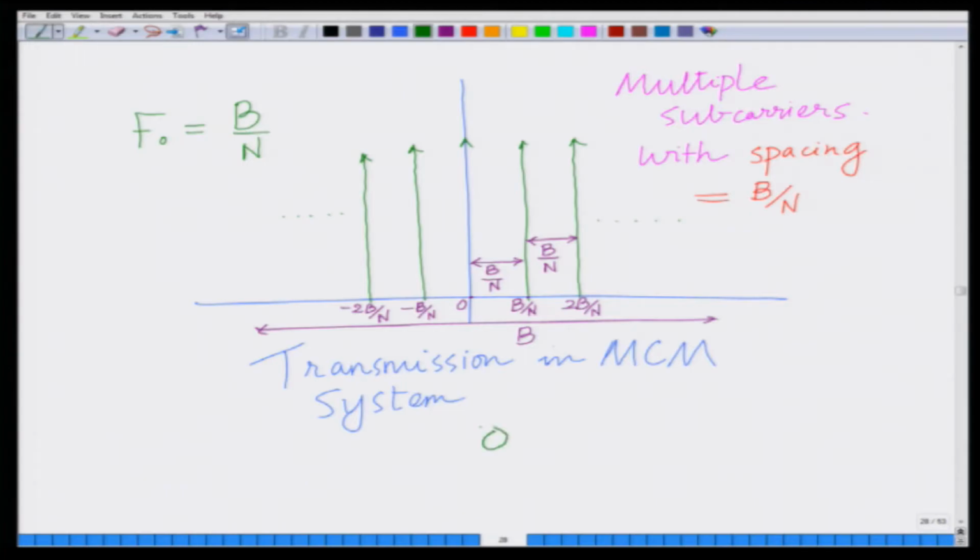Therefore, I have subcarriers at 0, at F naught, 2 F naught, and so on, as well as minus F naught, minus 2 F naught, and so on. So, basically I have a total of N subcarriers.